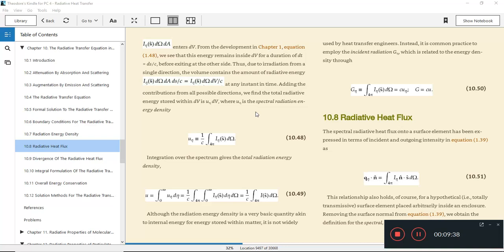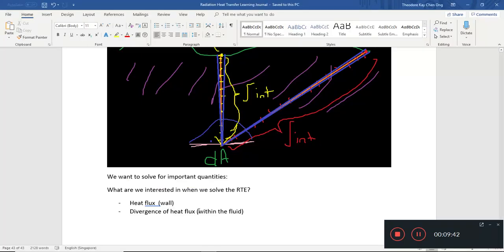So first thing first, if you want to start with a heat flux, I'm going to start with how to calculate heat flux in principle.